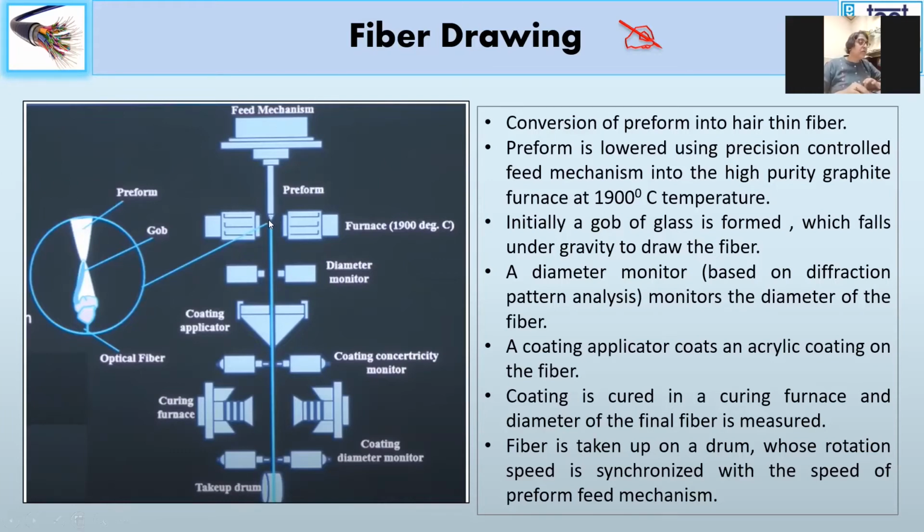It is dropping at high temperature, and in this whole process there were monitors at various points checking whether the right dimension has been attained or not, in case additional coating material is to be applied.